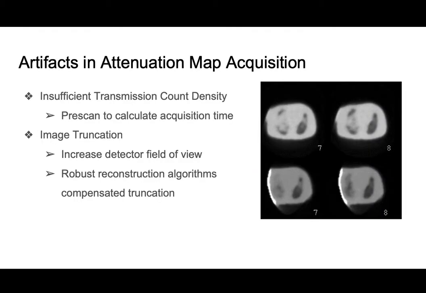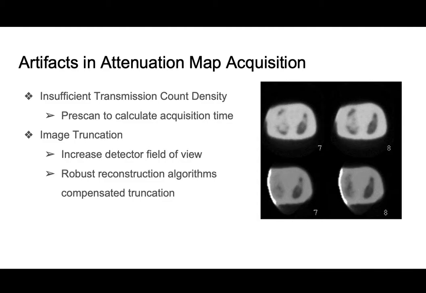When obtaining the attenuation map with CT or an external radionuclide source, there are a couple of artifacts that can happen. The first one is insufficient transmission count density. That is not a problem for CT, but it's a problem for external radionuclide sources.